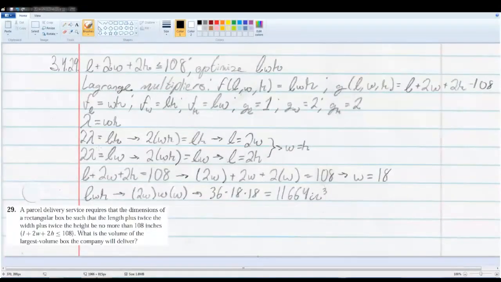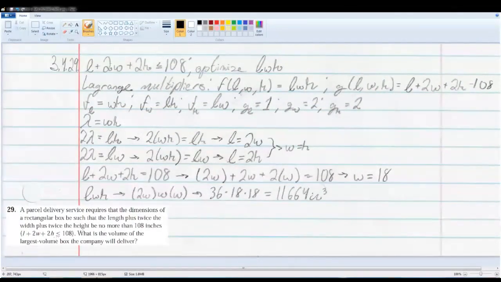So my question basically asks for a parcel, a rectangular box that's constrained so that the length plus twice the width plus twice the height is less than or equal to 108. Now, ideally, because we have a constraint, we use a Lagrange multiplier setup.